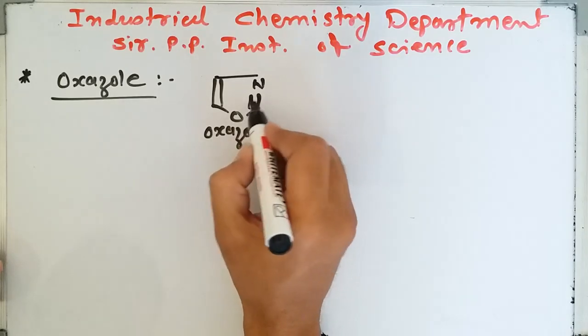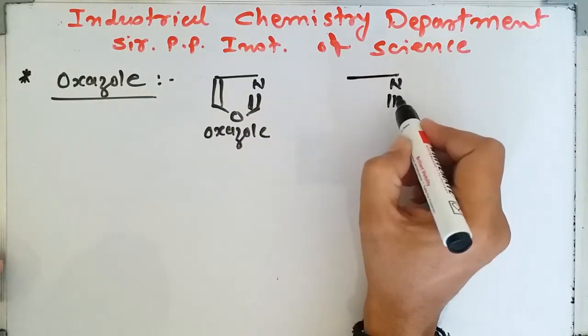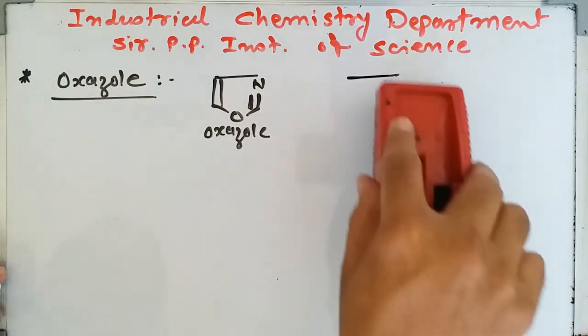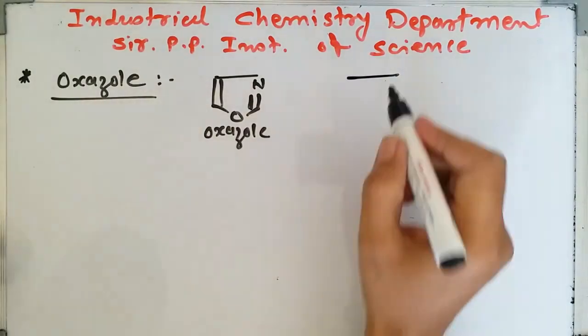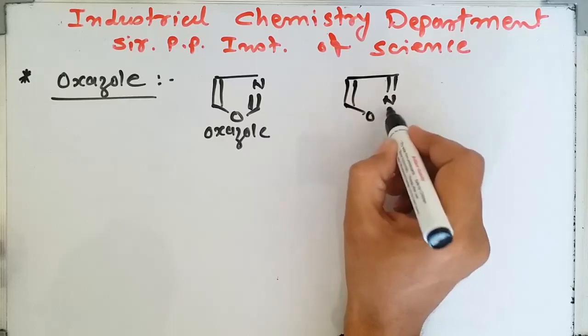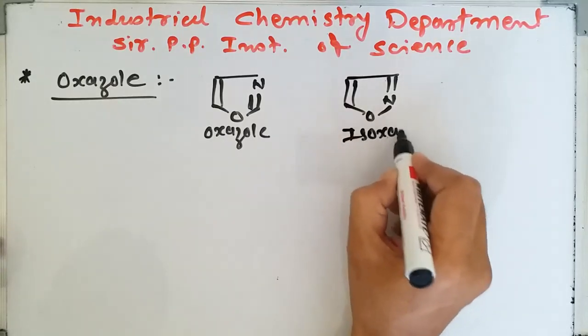And if the nitrogen is present at position number 2, it is known as isoxazole.